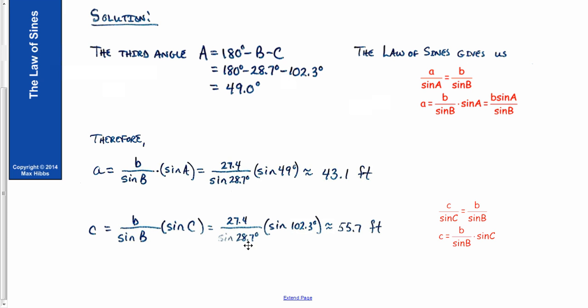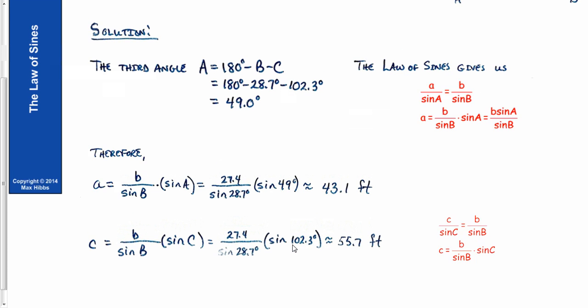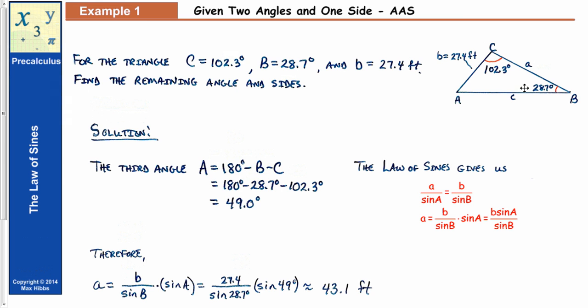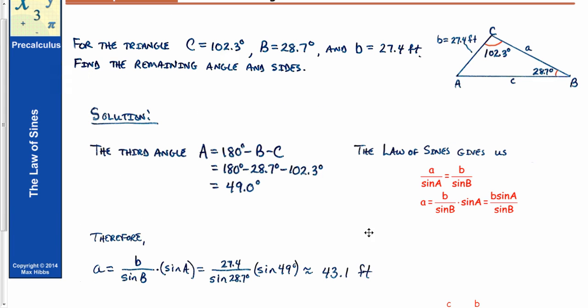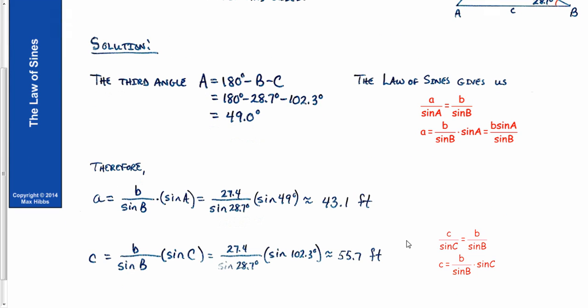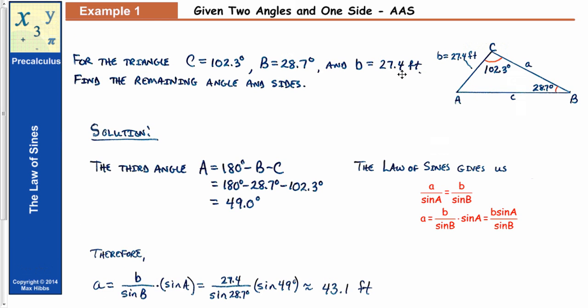I know angle B is 28.7, and I know angle C is 102.3 degrees from above. Okay, and so as I go through that calculation, what I did a moment ago, I would get 55.7 feet. Remember, things are measured in feet here. And I rounded to the 10th position again because my original information, the sides were in tenths of feet.